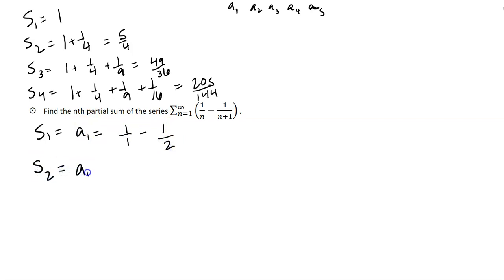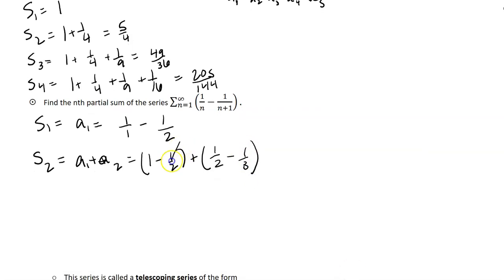S sub 2 is a sub 1 plus a sub 2. So that'll be 1 minus 1/2, that's the a sub 1, plus a sub 2, which will be 1 over 2 minus 1 over 3. So you may notice that this cancels in the middle, and I just get 1 minus 1 over 3.